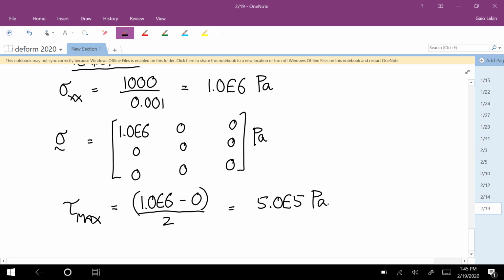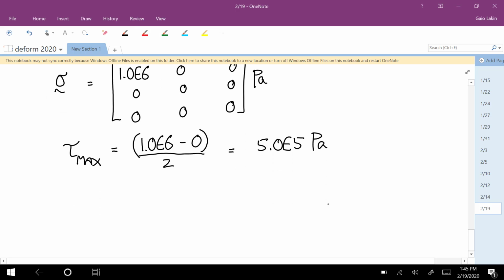And then those are values that you could compare to the maximum stress you would expect in that material before permanent deformation or whatever you're looking for. Any questions about that?